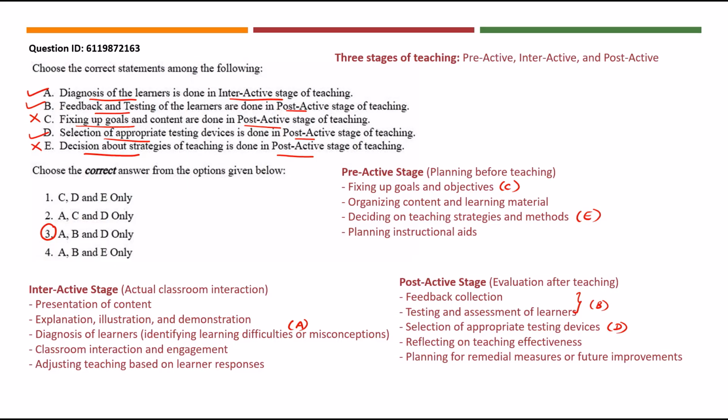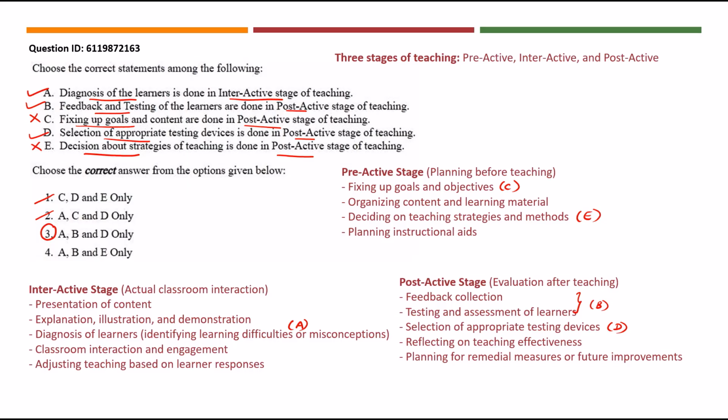Fixing up goals. This cannot be done in post-active stage. Only after setting up the goals you will be able to start teaching. So taking that point into consideration, you can definitely rule out 1 and 2. Actually, this particular point, selection of appropriate testing devices, sometimes it is done in pre-active stage also. But after collecting feedback, sometimes the testing devices can be changed.